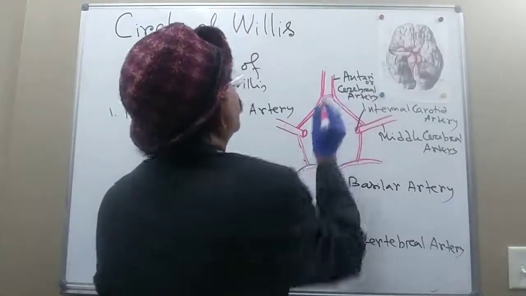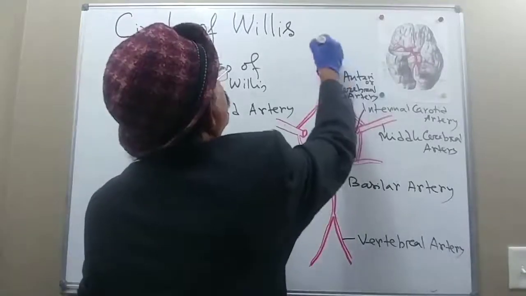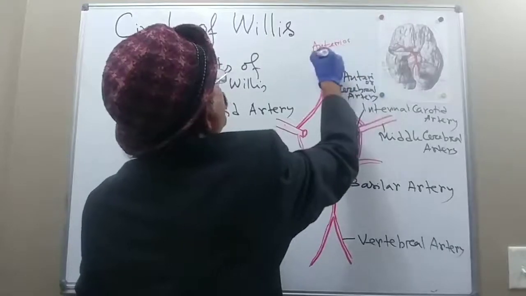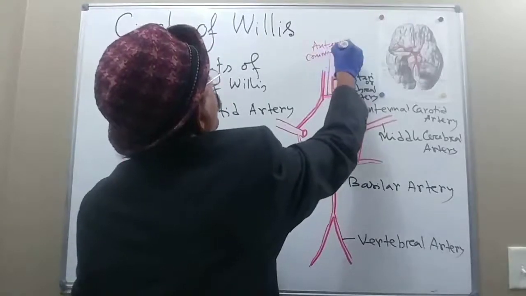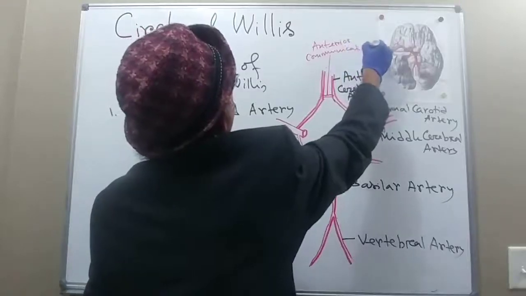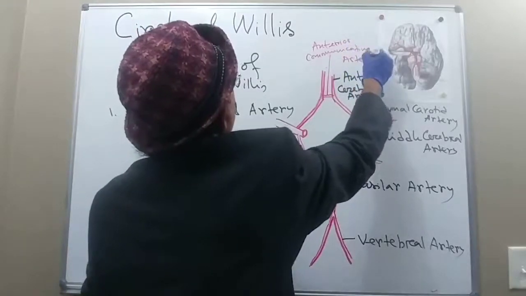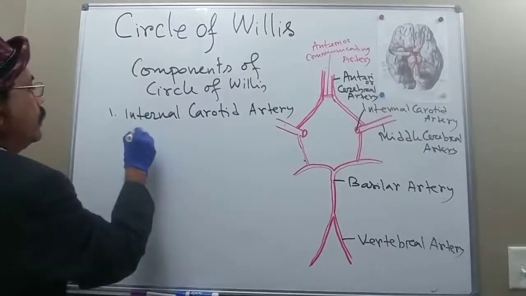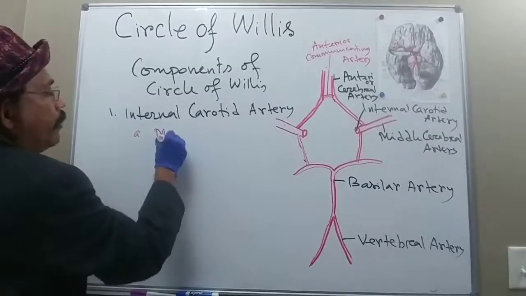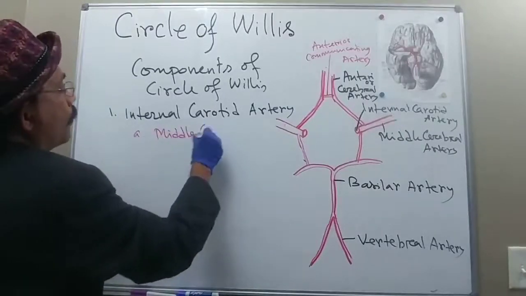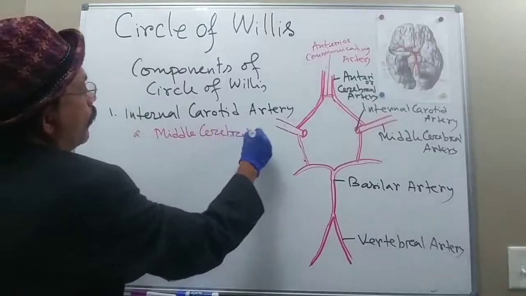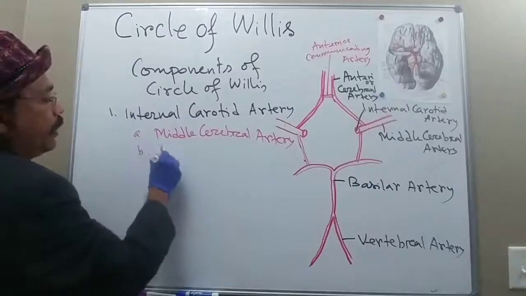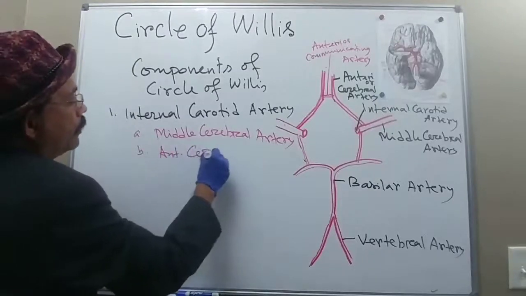We have the anterior communicating artery. So the internal carotid artery has two branches: one is the middle cerebral artery, and another branch is the anterior cerebral artery.